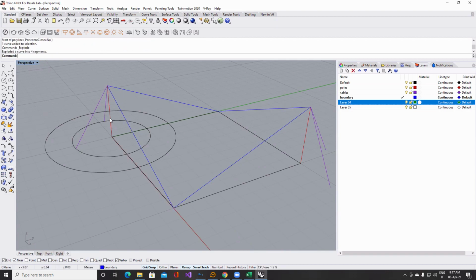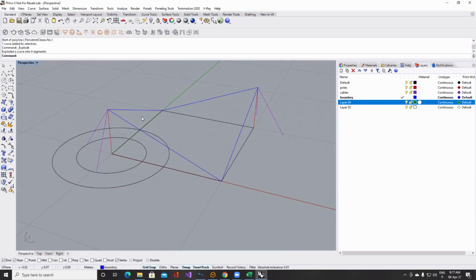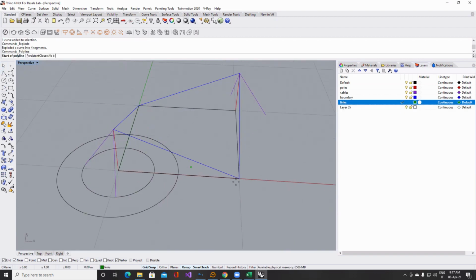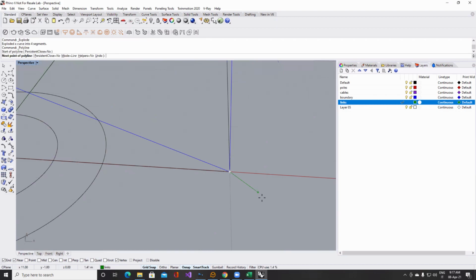Explode them. And let's make also the links. And I'll make here a 0.5 meter link.